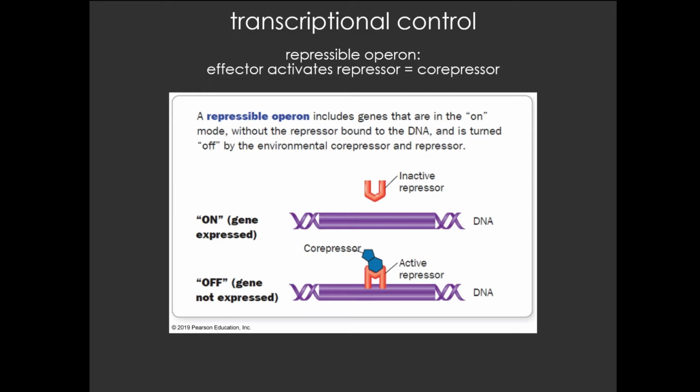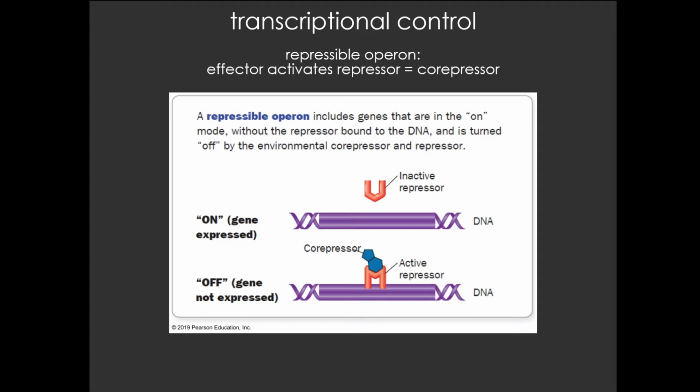The effector in a repressible operon binds to and activates the repressor, turns the repressor on, and changes the active site so that it is capable of binding to the operator region and blocking the transcription and translation of the structural genes of the repressible operon.